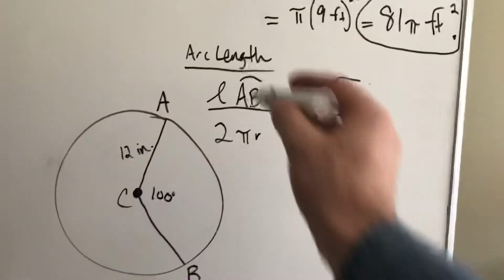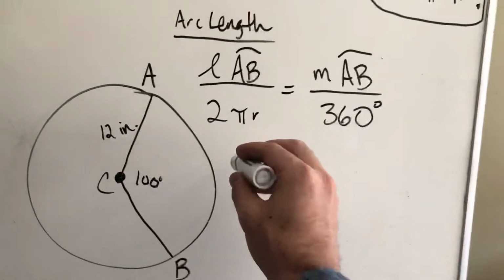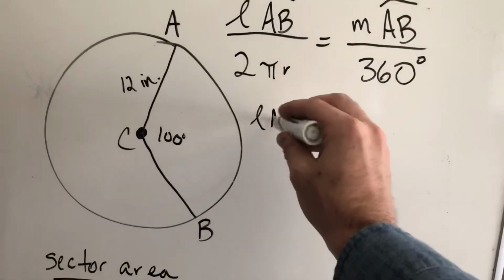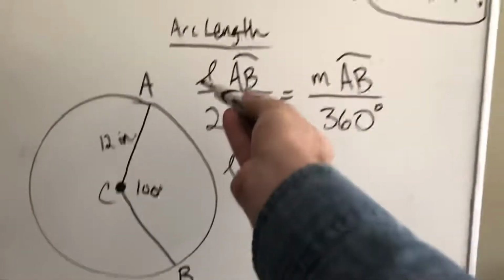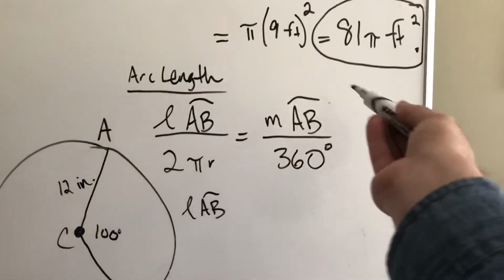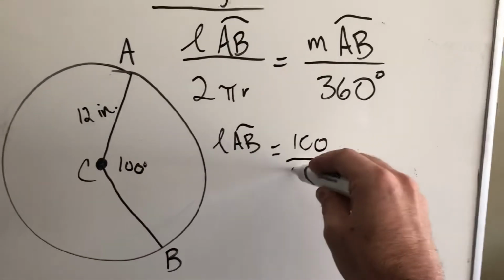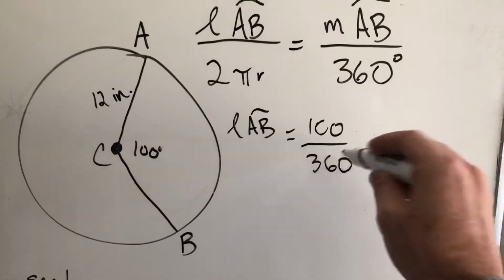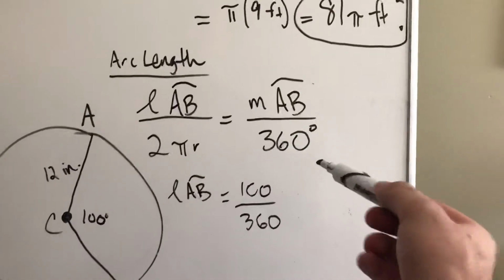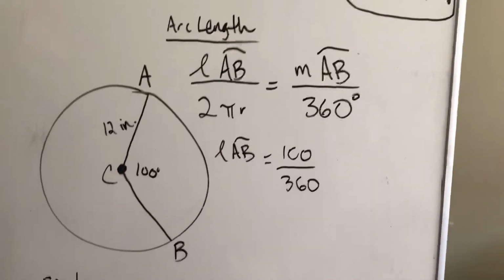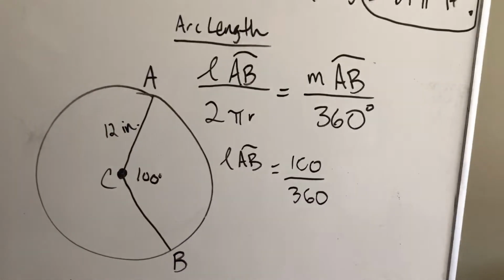So let's begin. I don't know the measure of the arc, so I'm going to keep that as L AB. The L here stands for length, M stands for the measure. I know that I have 100 degrees over 360 degrees. It's always going to be 360 in the bottom right corner. Now 2 pi r right here, my r is 12. I'm going to multiply that by 2.